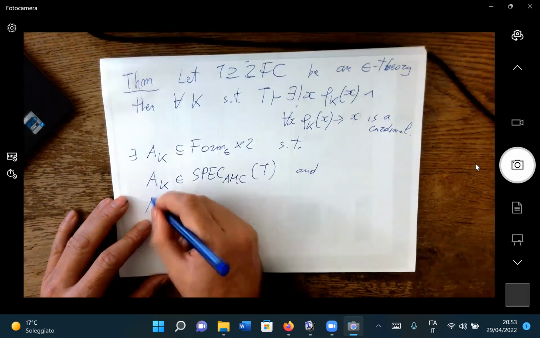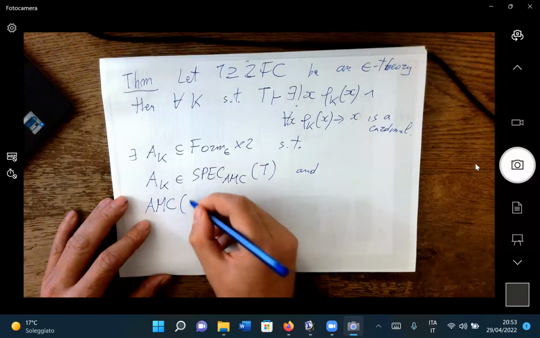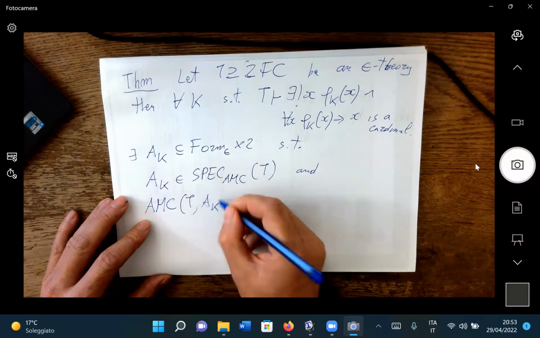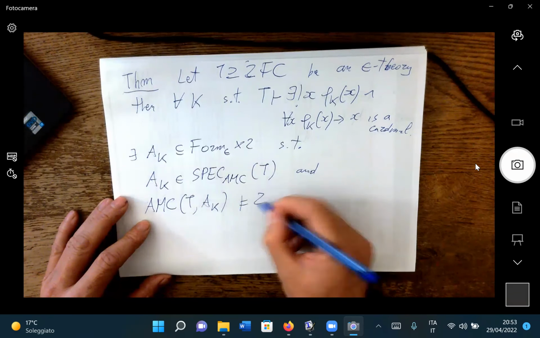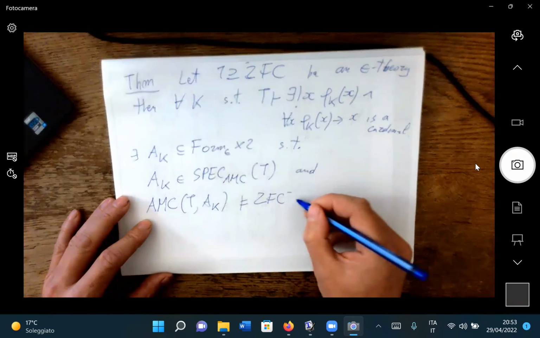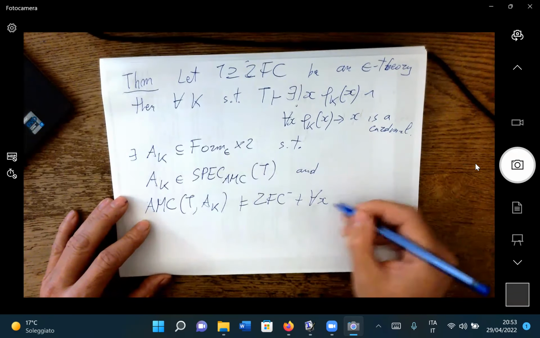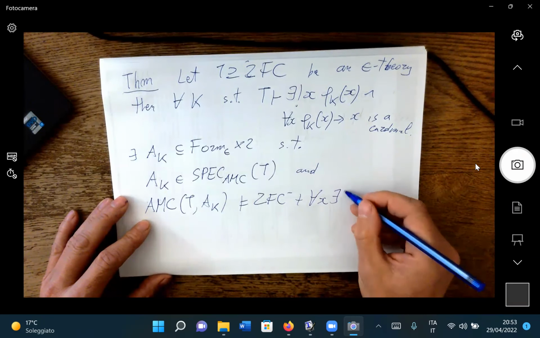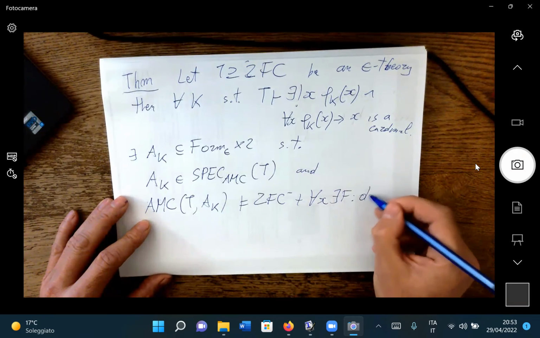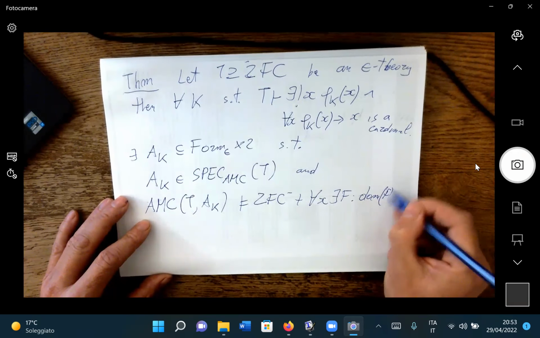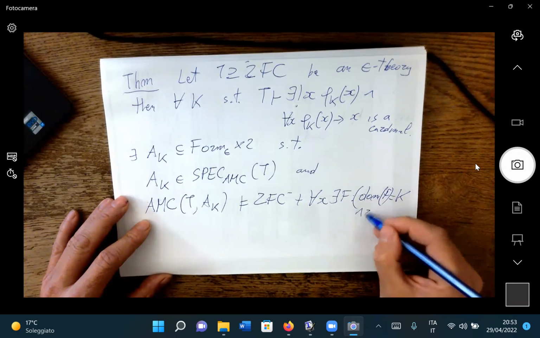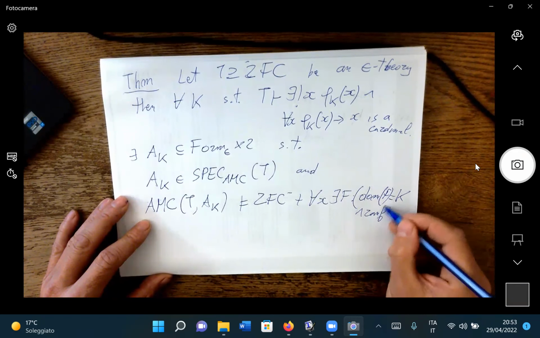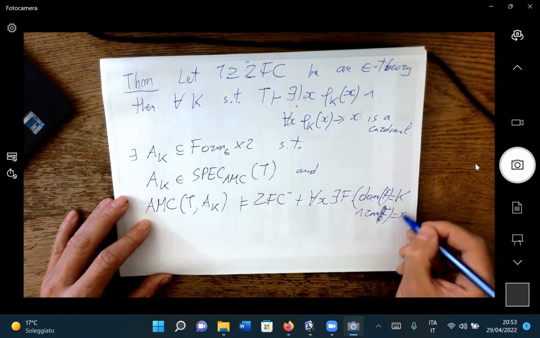let's say the AMC of T with respect to this expanded signature models ZFC minus plus for all x, there exists f, dom f equal kappa, and run f equals x.